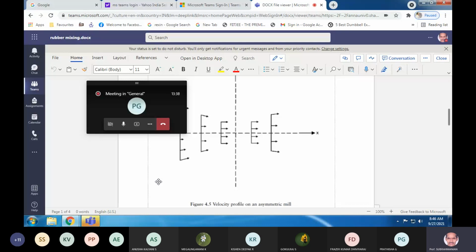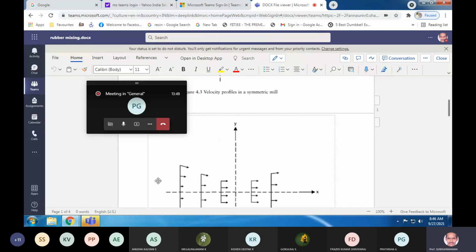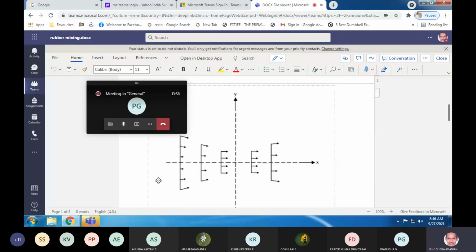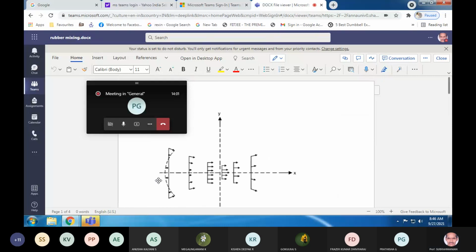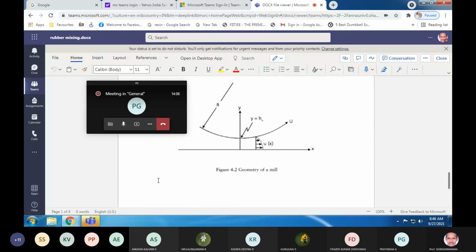All right. And the flow lines, as we see, they also converge, and the rolling bank is also generated smoothly. Okay. So this is the difference, and this describes the need for the friction ratio.